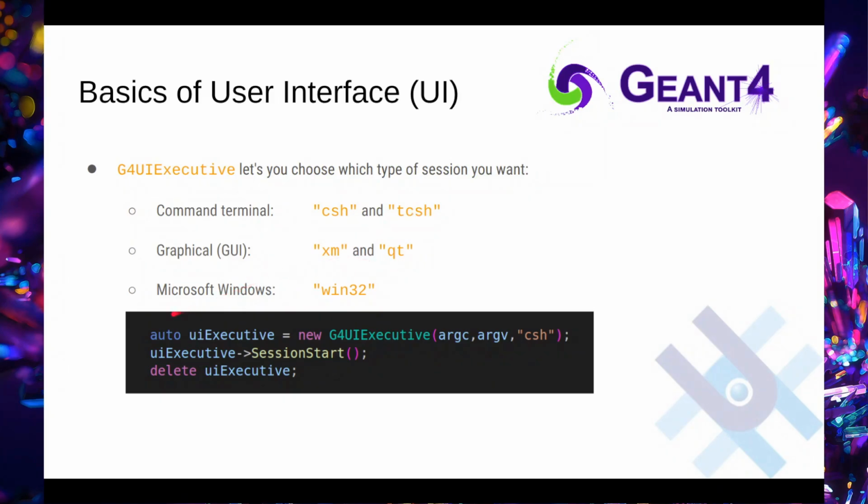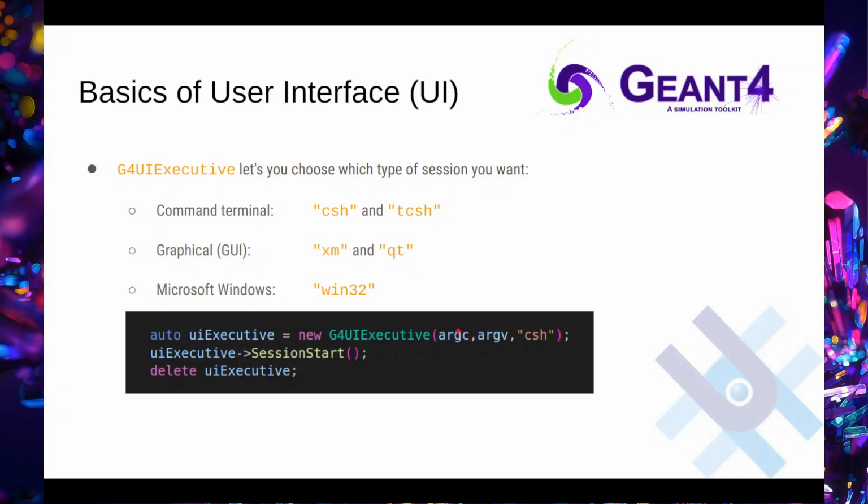In our code, you're going to see something like this. We're going to create a UI executive object from the G4UIExecutive class, and we are going to pass to it the 2 main arguments that any C++ program has, which are the argument count and the argument vector.